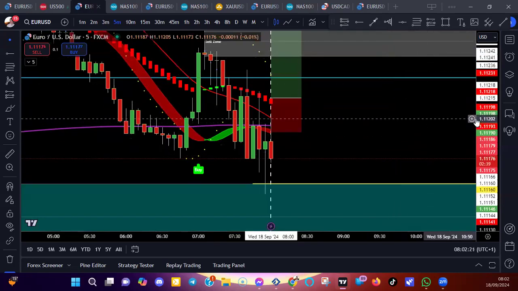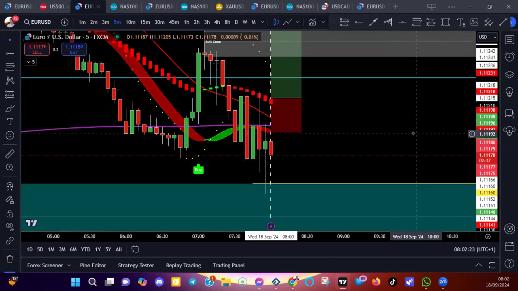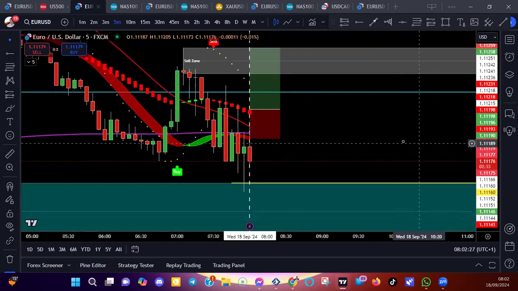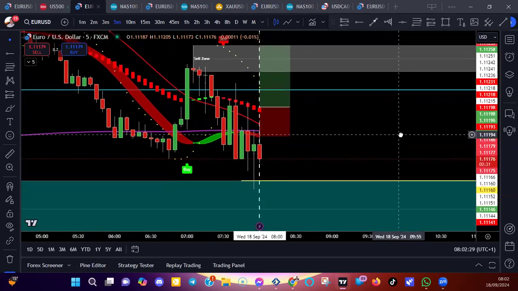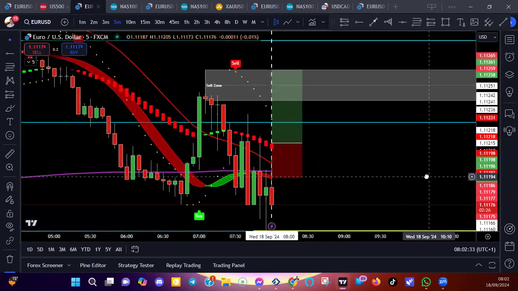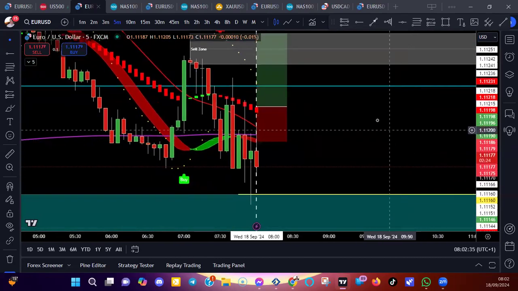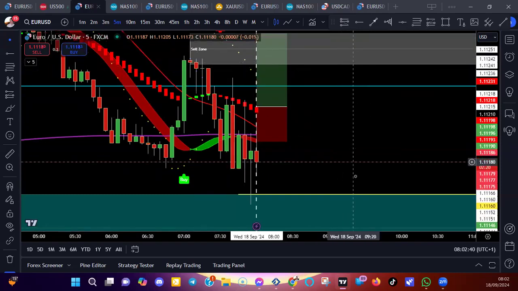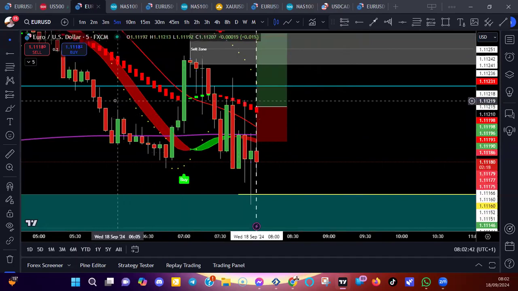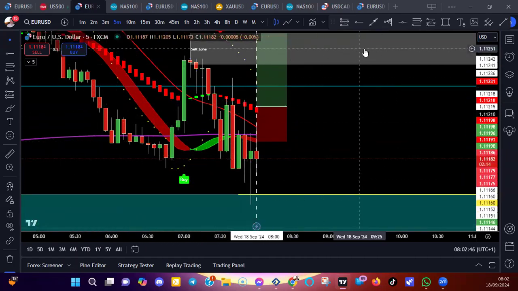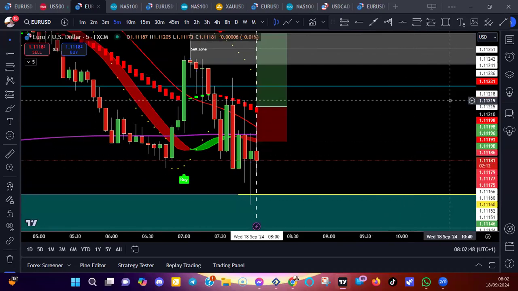It's not really a big enough gap between the two zones for me to be uber confident in any way, because you need more than like a 10 to 12 pip gap at least between the zones. Otherwise, it could be like buy zone there, sell zone there, buy zone there.